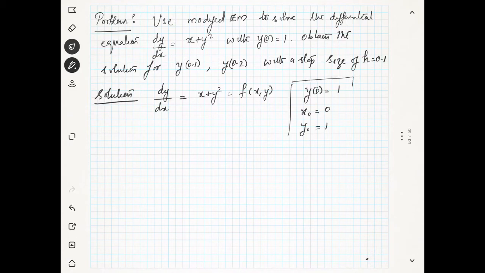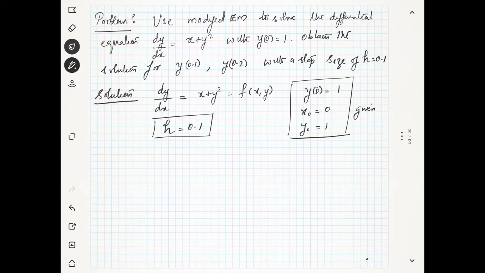These are all given, and you need to find the solution. The step size is also given, h is equal to 0.1.